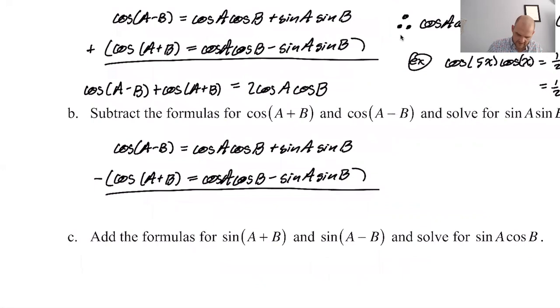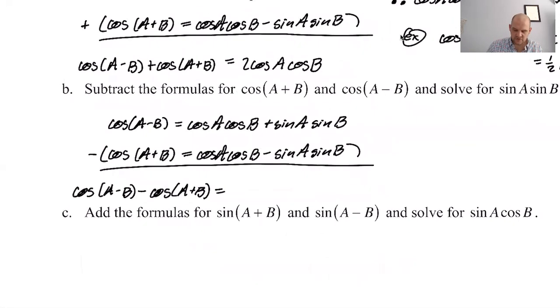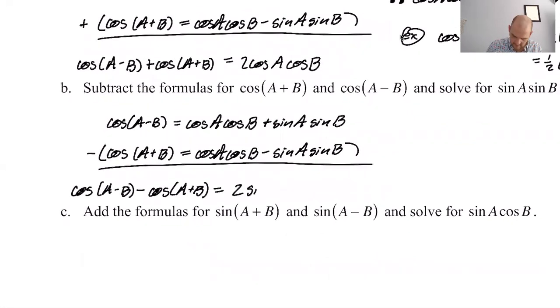When I do that, I will get cosine of a minus b minus cosine of a plus b equals, so the cosine parts cancel out, and we just get 2 sine a sine b. It wouldn't have mattered if we did it the other way. We would just get -2 and then have to divide by a negative and flip all the signs.